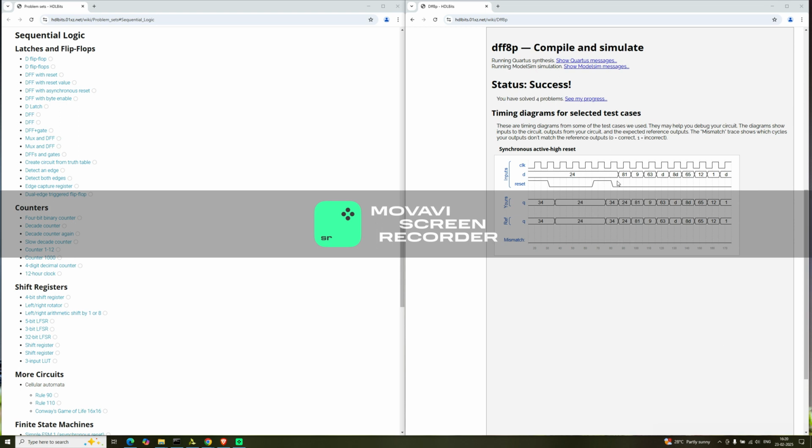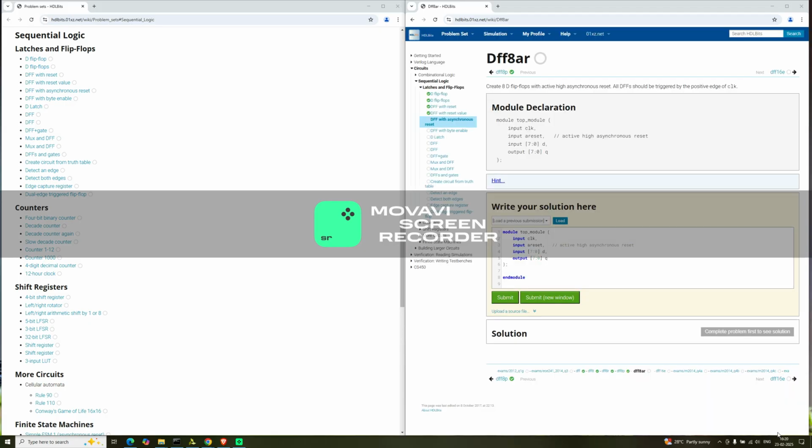As you can see, after every reset it is resetting to 34, and when it's out of reset, whatever the value of D is, it is forwarding to Q. So yeah, problem statement correct.